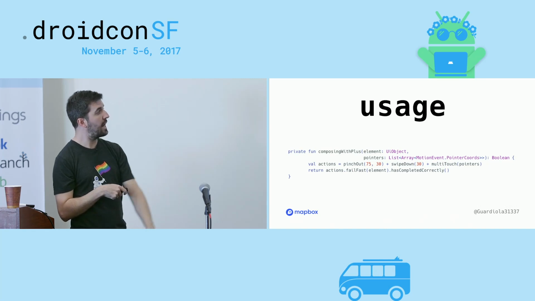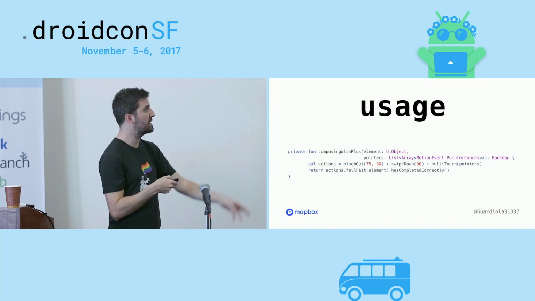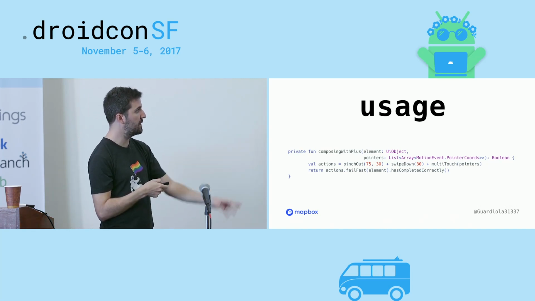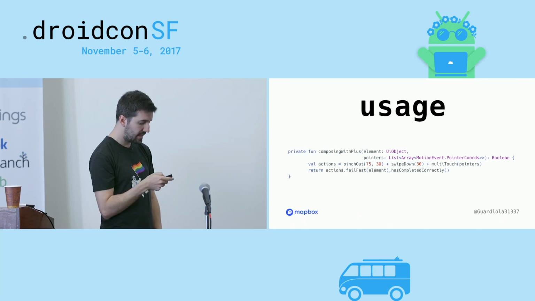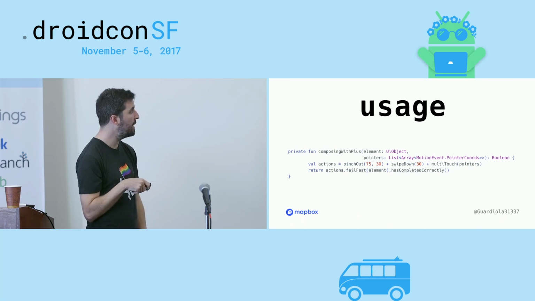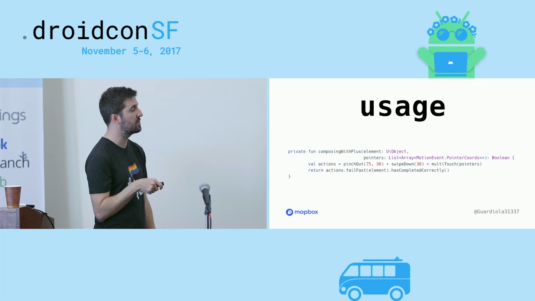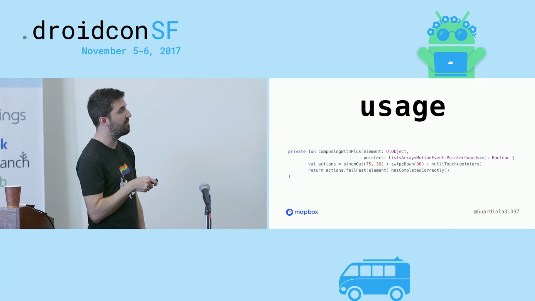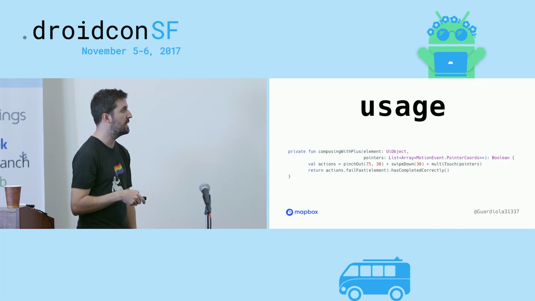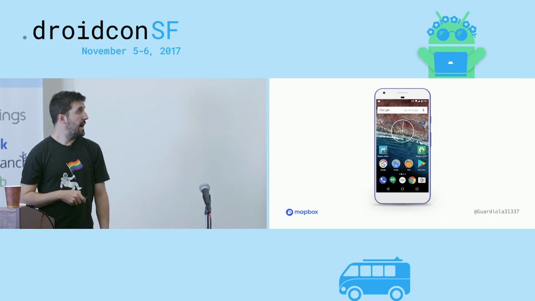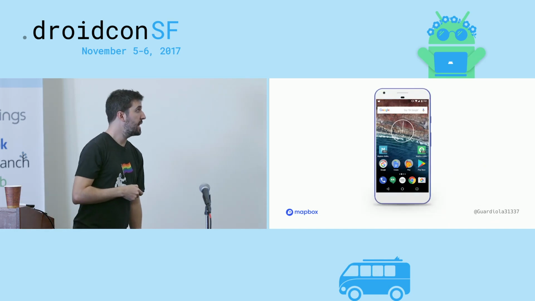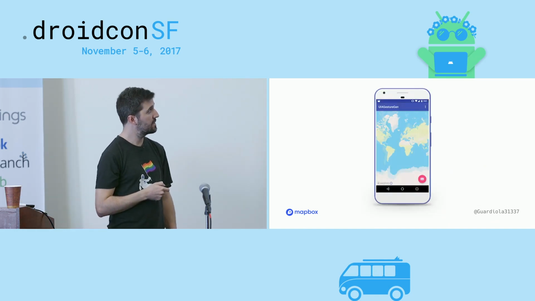And this is another example in which right now I'm using the fail fast approach that I told you. This means that if any of these actions fails, the following ones won't be executed. And you can get something like this.